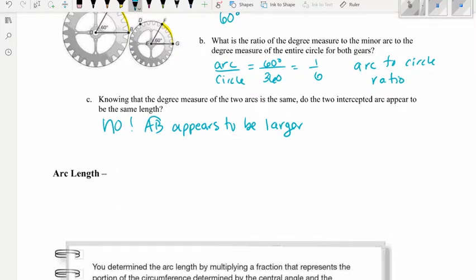So arc length is a fraction of the circumference.